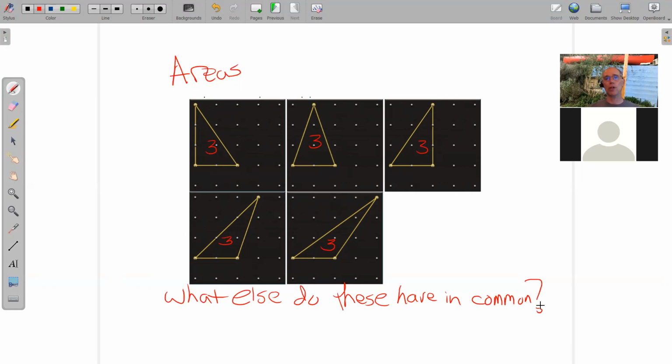They all have an area of 3. We got that. They have a bunch of other things in common. There's 2 very important things I'm hoping we can identify. Is anybody there? So either reply with, I don't see anything, or reply with something else each of these triangles has in common.